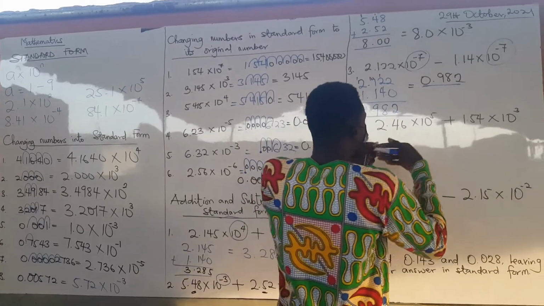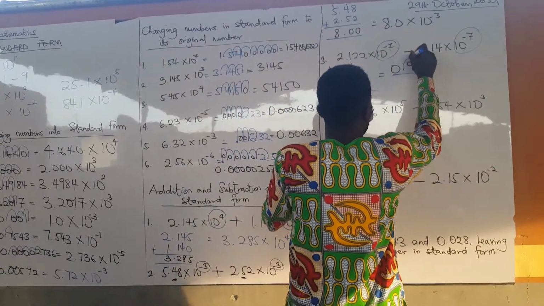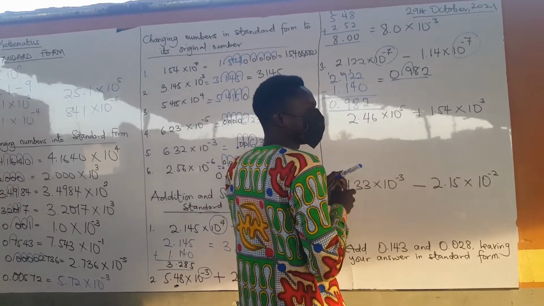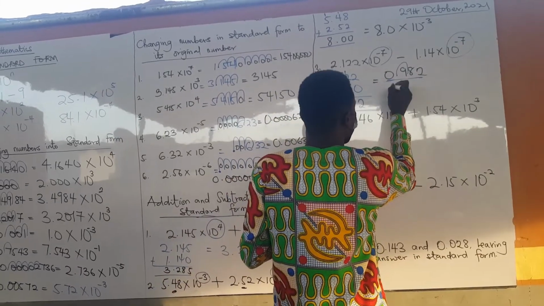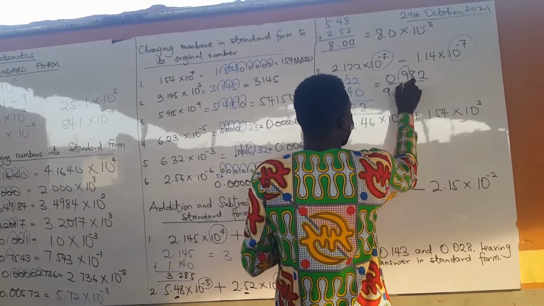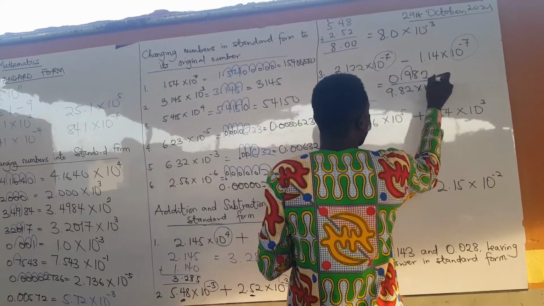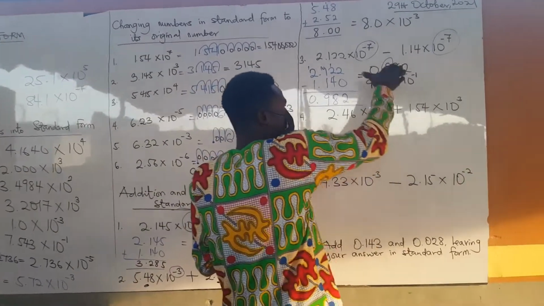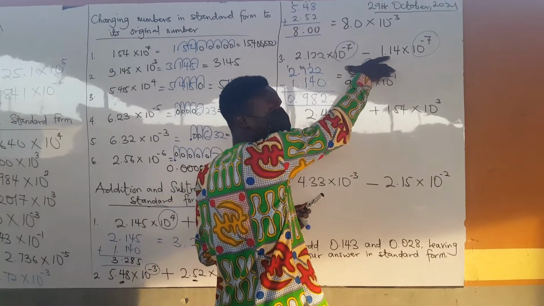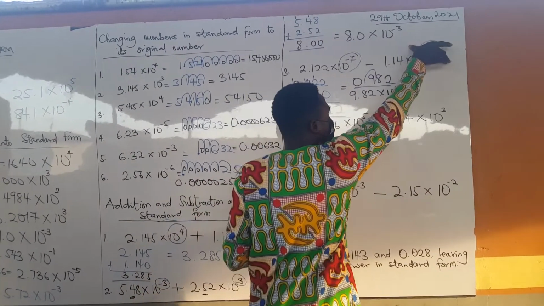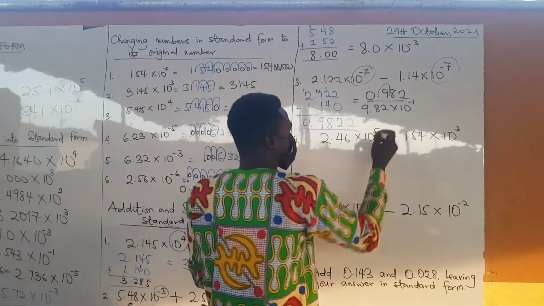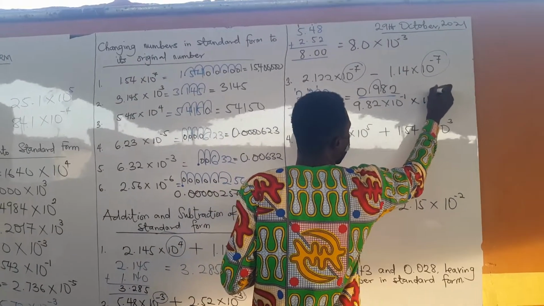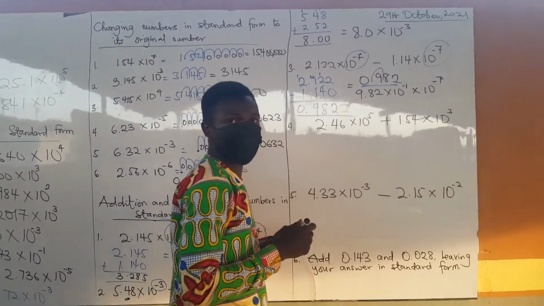So I'm going to move in this direction 1. So this in standard form is giving me 9.82 times 10 raised to the power negative 1. So it is this number that I changed into standard form, but it was in this standard form as times 10 raised to the power negative 7.